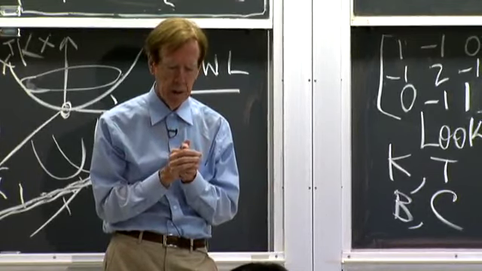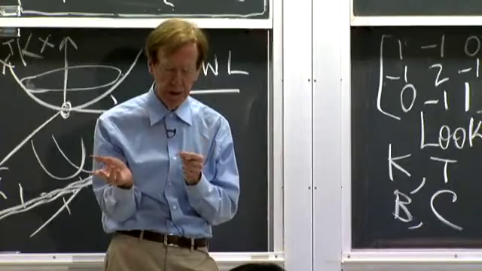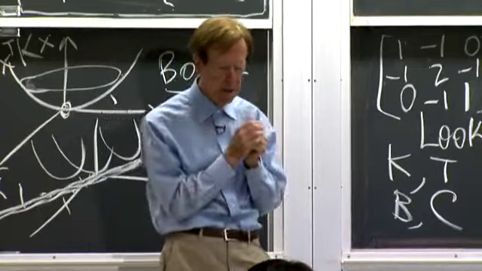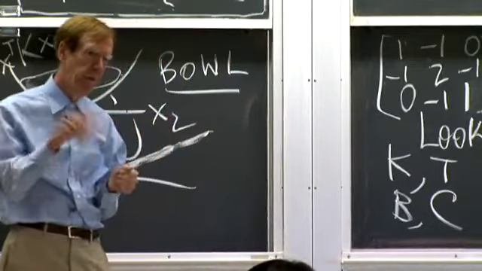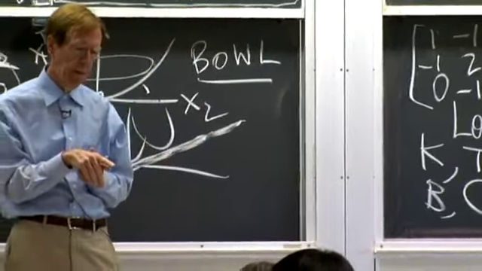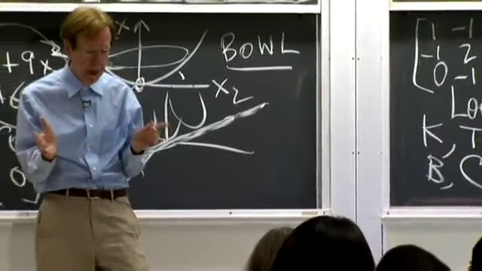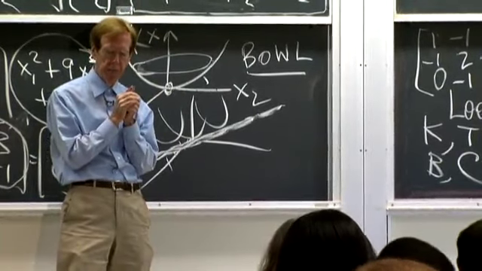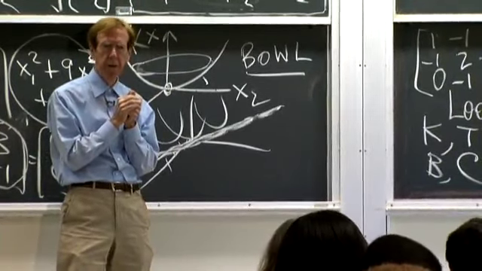Okay, so I've got a positive definite one. It's not singular. It's got positive eigenvalues, everything else. Its inverse will be symmetric, so I'm allowed to think about it. Will it be positive definite? What do you think?